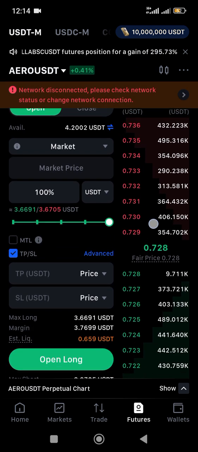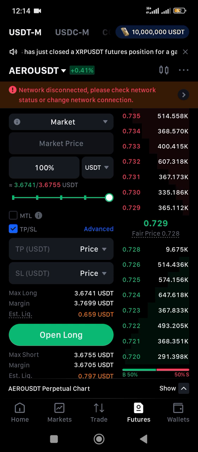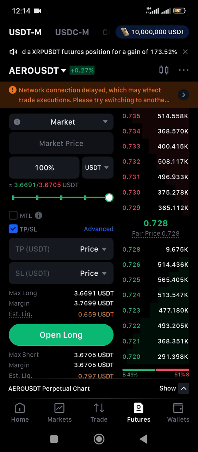It is always advisable to use 10% of your capital for each trade. Sometimes you may use just 5% of your trading capital.